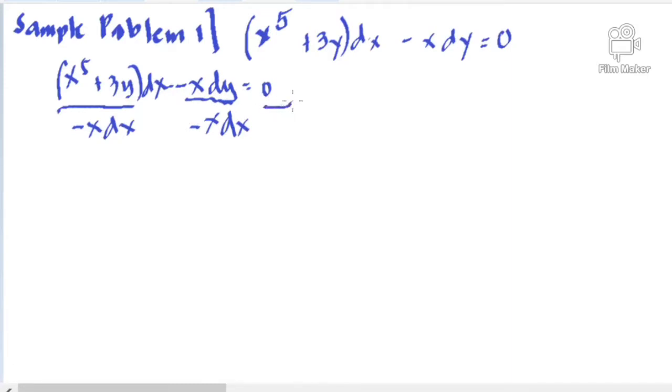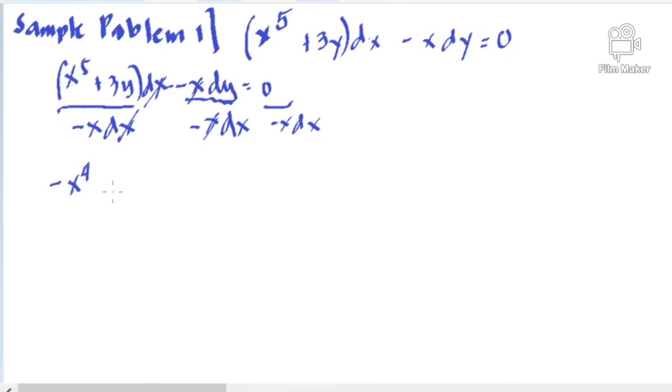Okay? Sige, maglagay tayo negative x dx. So, 0 over negative x dx still a 0. So, anong mangyayari dito? So, this will cancel out. Ganon din dito. And then, negative over negative is positive. So, now we have x to the fifth over x is negative x to the fourth, right?